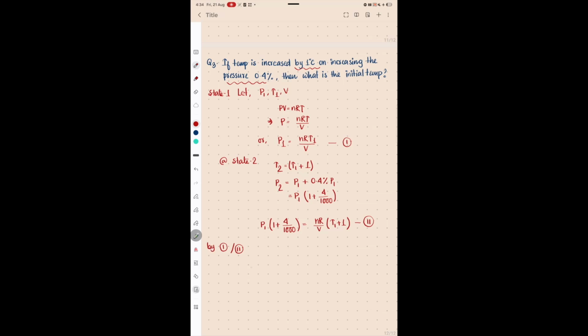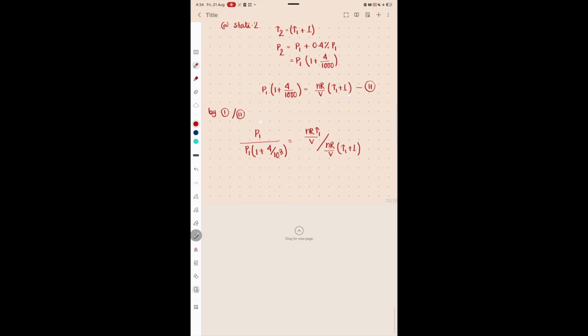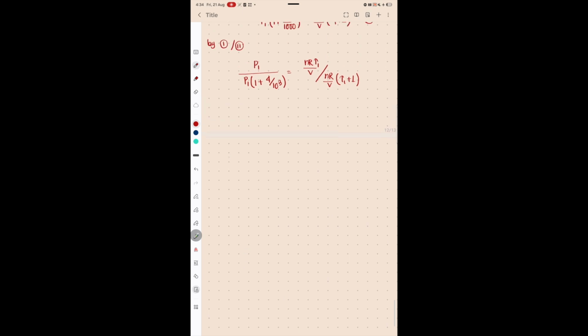What we'll get is P1 divided by P1(1 + 4/1000) = (nRT1/V) divided by (nR/V)(T1 + 1), or 1/(1 + 4/1000) = T1/(T1 + 1).